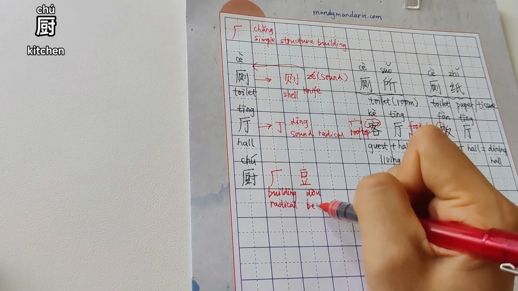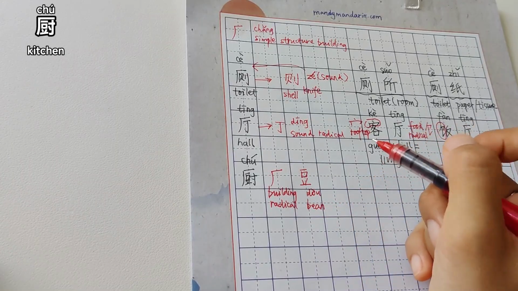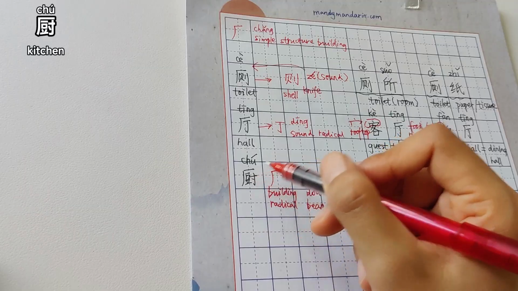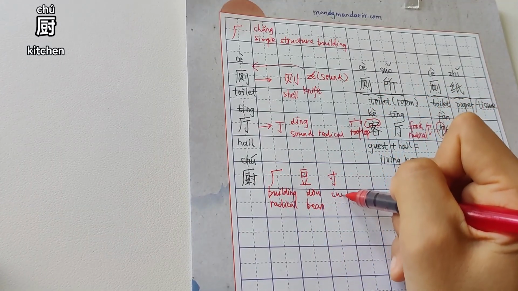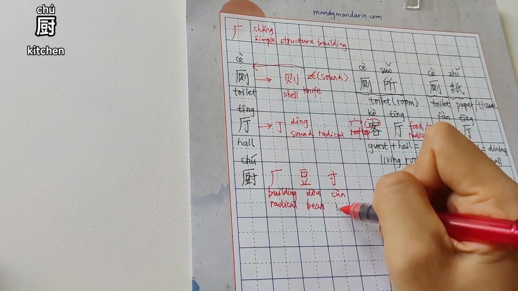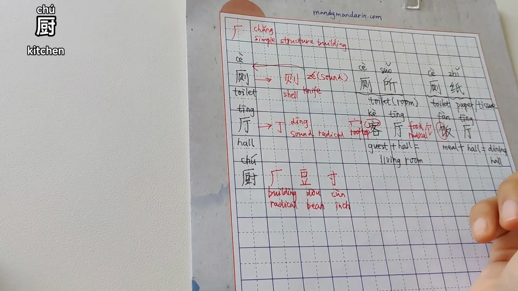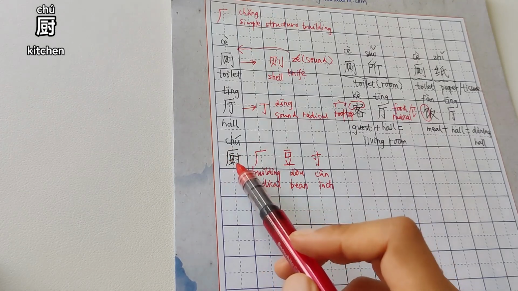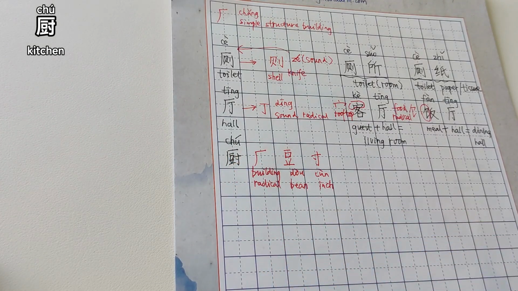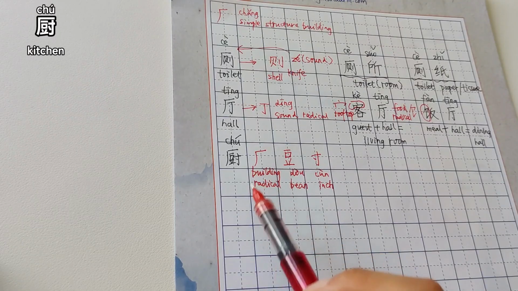It means bean. And the right side is 寸. 寸 means inch. I want to show you a sneaky way to remember the word. It's not the real origin of the 厨 character, but it's an easy and sneaky way to remember it, okay?